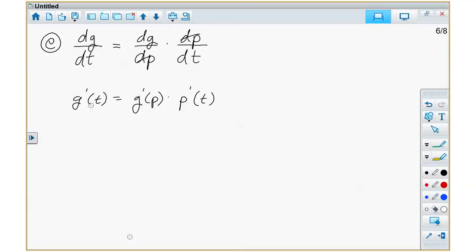G prime of P, I'm looking for it. Is that the negative 130? Yeah. Let me do this because I'm going to try to help y'all out as much as possible. That's G prime of P, and G prime of P, I'll put in yellow.